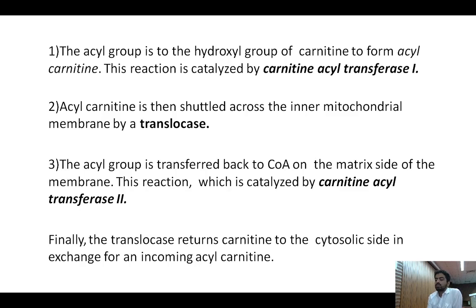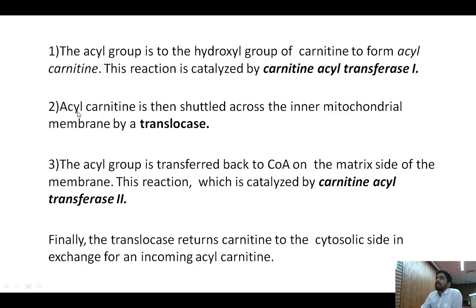So we take as a model, as an example, palmitic acid, which is very abundant. So that enzyme will be named carnitine palmitoyl acyl transferase 1, CPT1. Okay, so this enzyme helps in combining palmitoyl acyl coenzyme A with carnitine, forming palmitoyl acyl carnitine.